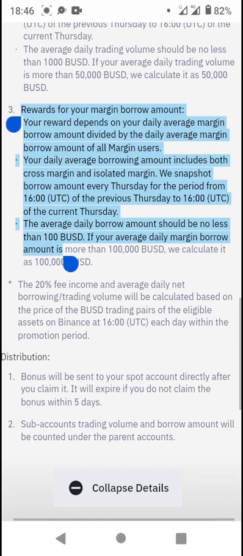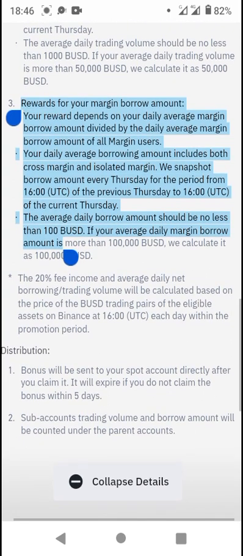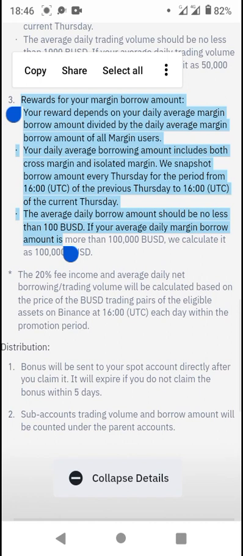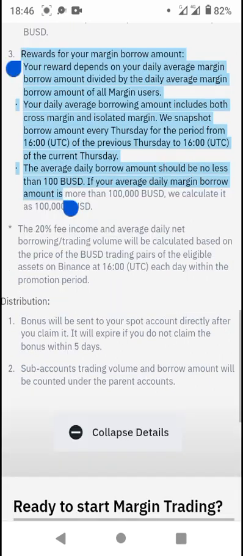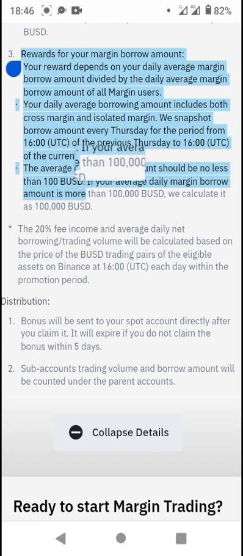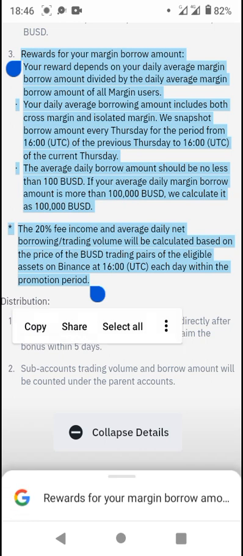Binance will take a snapshot of these on Thursdays, from the previous Thursday at 16:00 UTC. The average daily borrow amount should be no less than 100 BUSD. If your average daily margin borrow amount is more than 100,000 BUSD, Binance will calculate it as 100,000 BUSD.